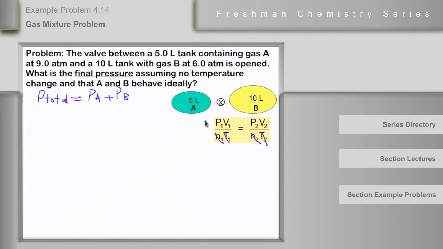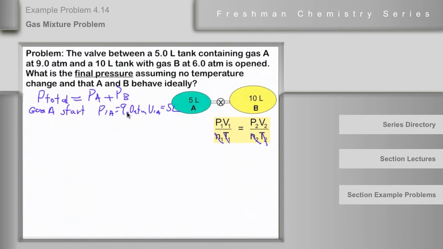And we could start off by considering A. Gas A by itself at the start is in this 5-liter container. So it's at 9 atmospheres, so P1 of A equals 9 atmospheres. And V1 of A equals 5 liters.